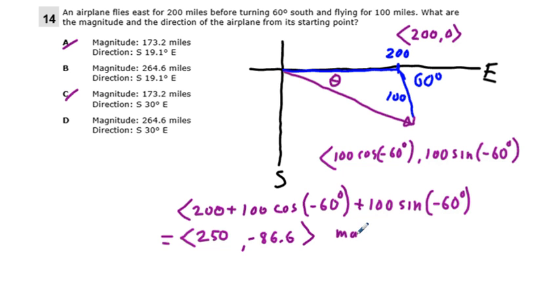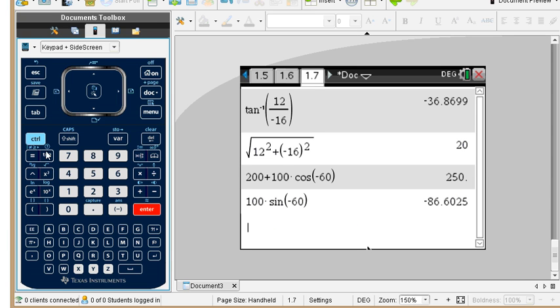So our magnitude is going to be, we're going to take 250 squared plus negative 86.6 squared. We go to our calculator. We get 250 squared plus negative 86.6 squared.